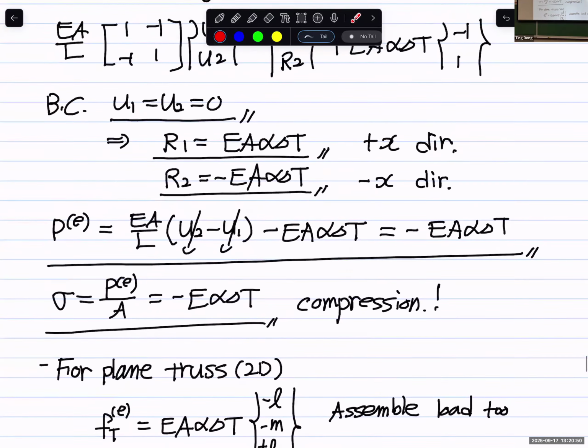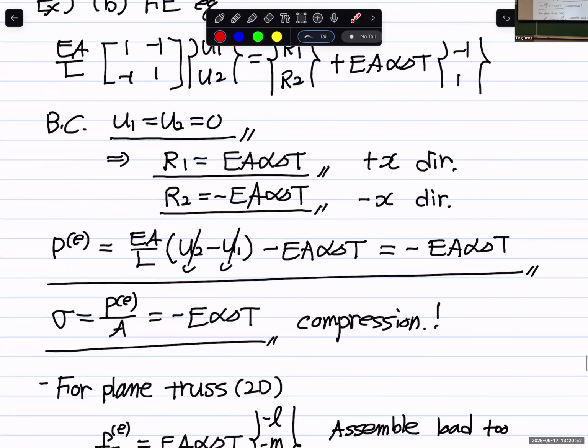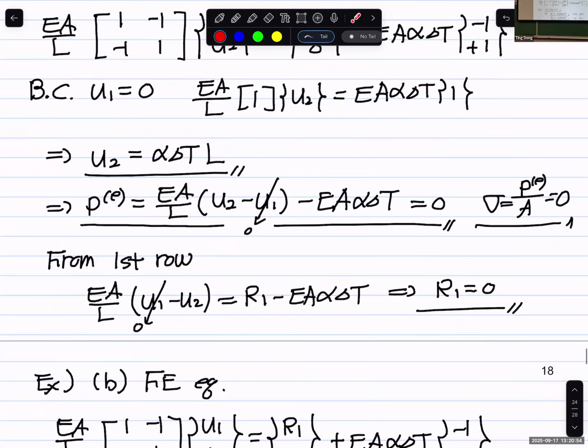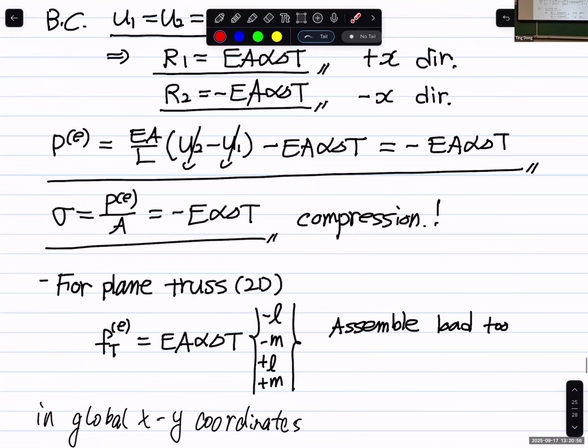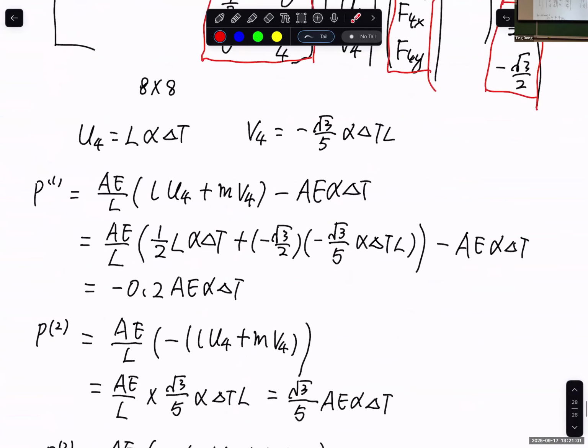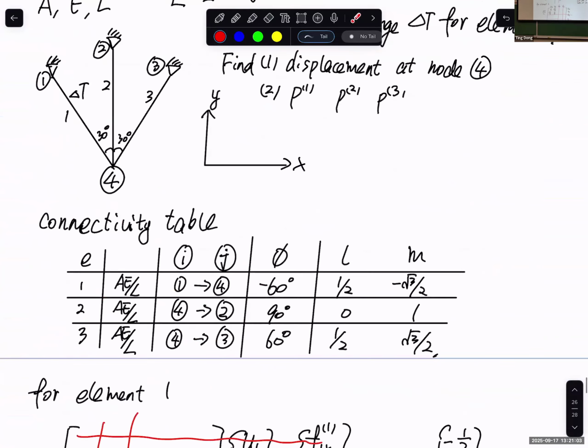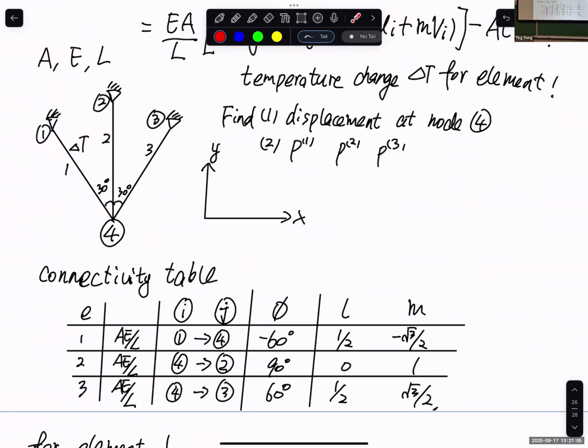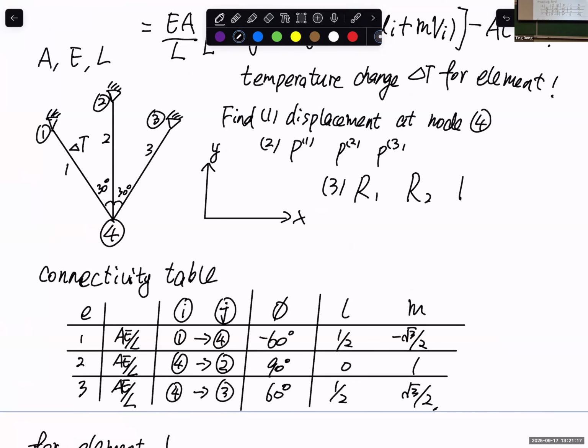Actually, since he didn't talk about the reaction force in his example here, let's expand this example problem a little bit. How to calculate the reaction force at node 1, 2, 3, as a third step.